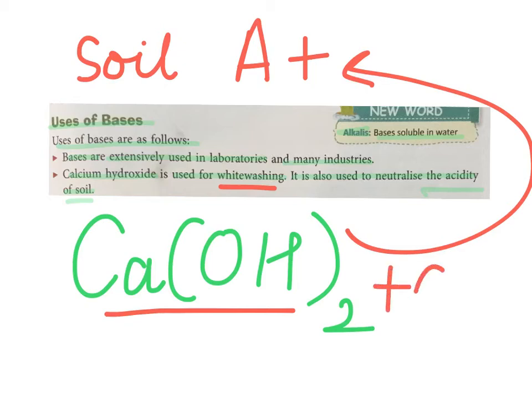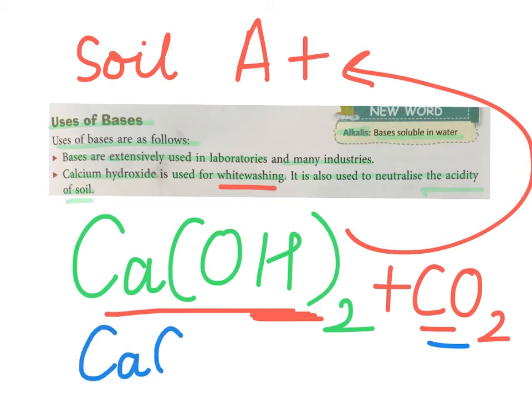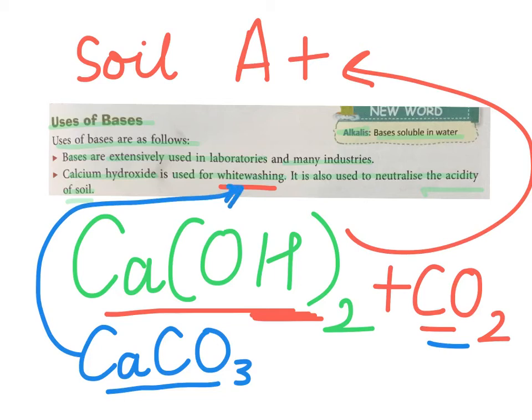As carbon dioxide is present in the environment, this calcium hydroxide will react with carbon dioxide and form a new product named calcium carbonate, that is CaCO3, and this calcium carbonate is actually white in color, hence giving the name whitewashing.